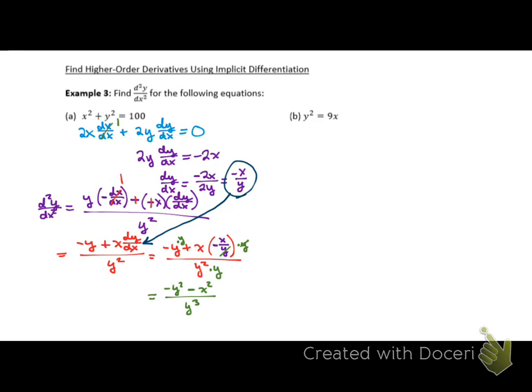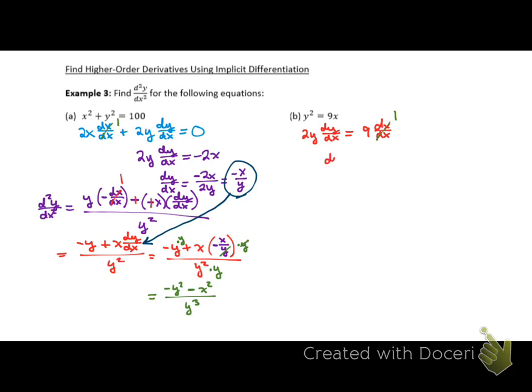Let's do another one. y squared equals 9x. Hey, this one might be a little bit easier. All right, so we have 2y dy/dx equals 9 dx/dx. Well, dx/dx is 1. So to get dy/dx by itself, I would just divide.